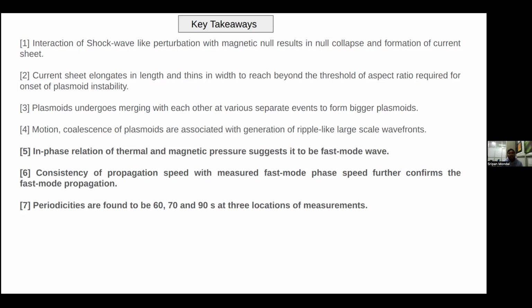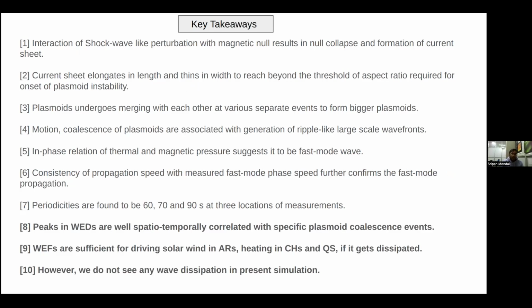Also, the periodicities are found to be 60, 70, and 90 seconds at three locations of measurement. Then we have shown that peaks in wave energy densities are well spatio-temporally correlated with specific plasmoid coalescence events.